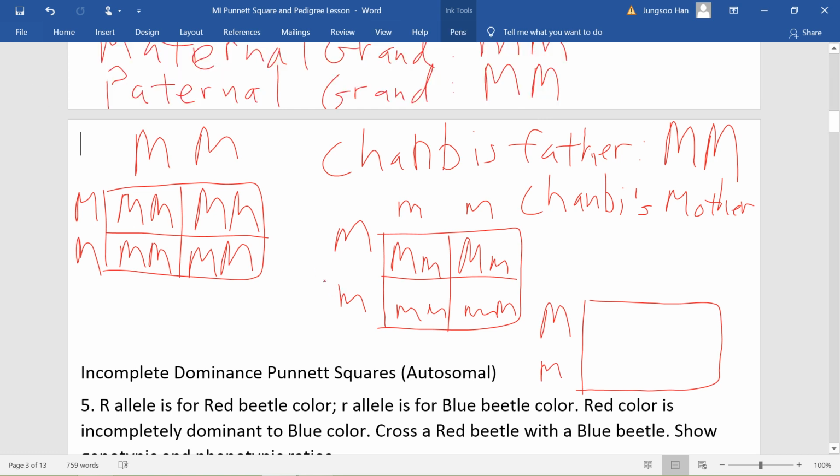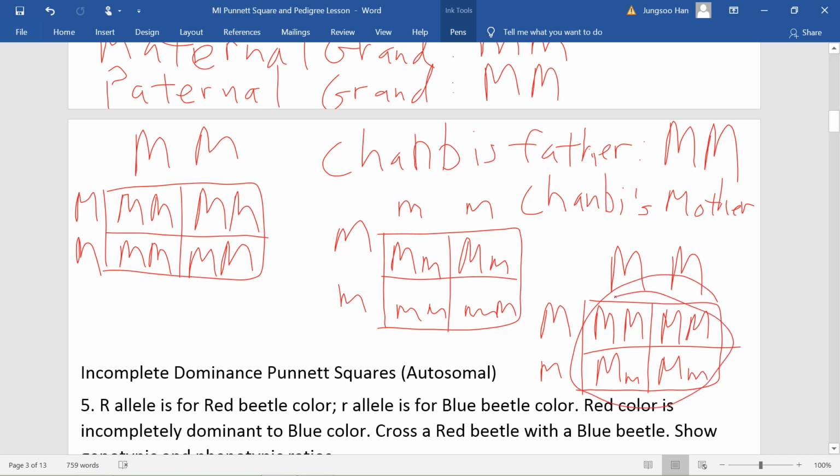Okay, and then her father is big M, big M. So if we do the Punnett square, one of these four in the Punnett square is going to be Chambi.